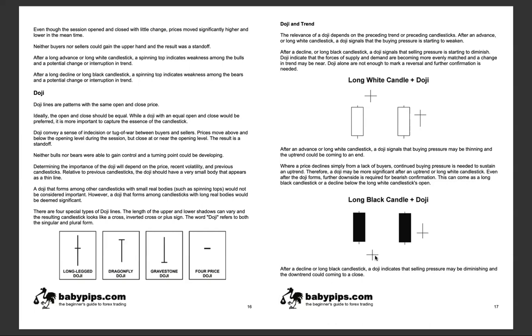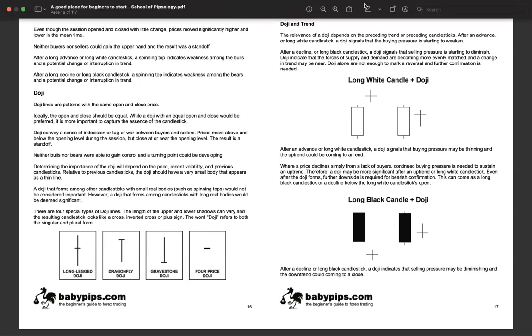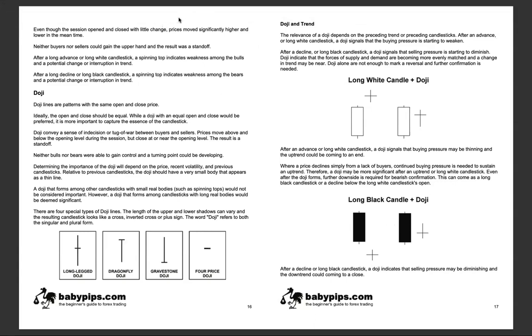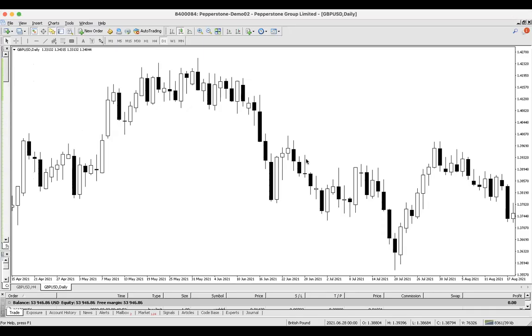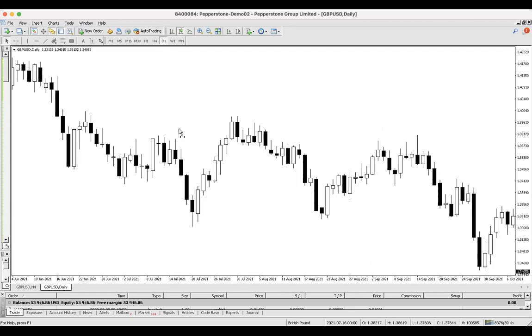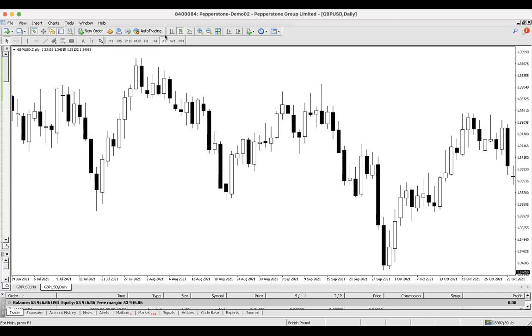It means price can either return, or it can continue. All right, so let's look at this on our chart, because that is very important. Let's see if we can see those combinations of patterns. All right, so we are on our daily chart.